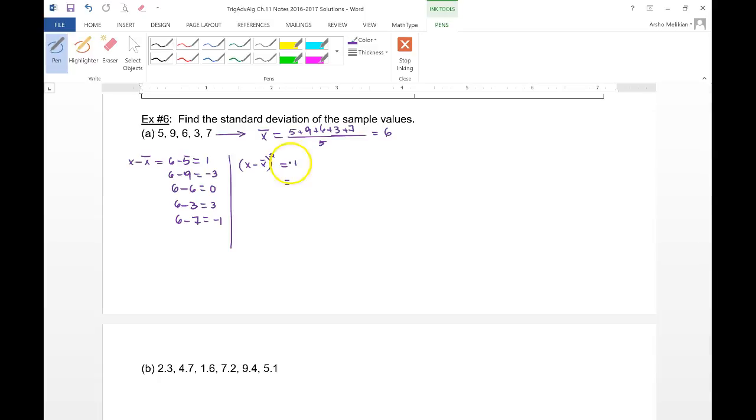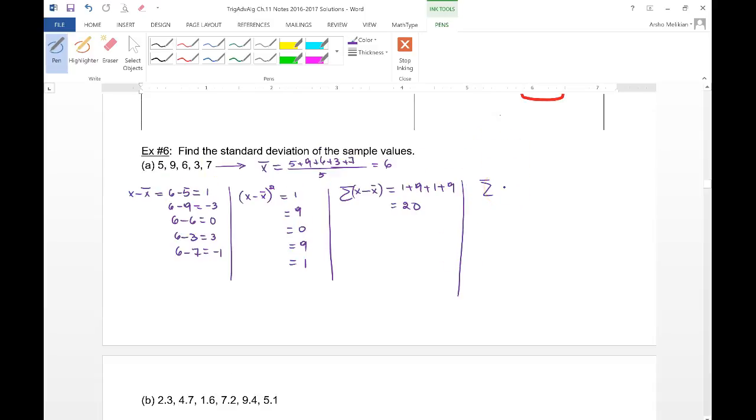Okay? So 9, 0, 9, 1. I squared them all. Then what do I do? Add them all together. So that's going to be 1 plus 9 plus 1 plus 9. That's 20. Now I'm going to do what?